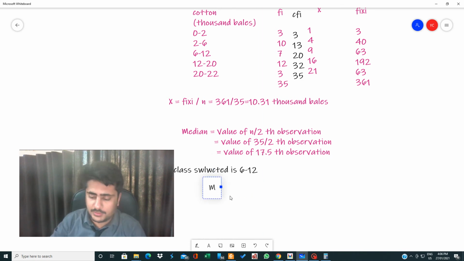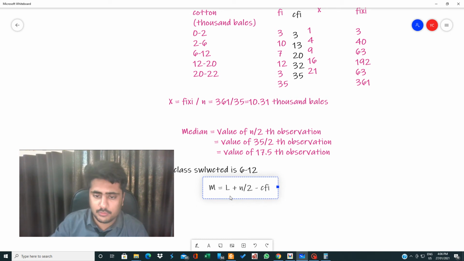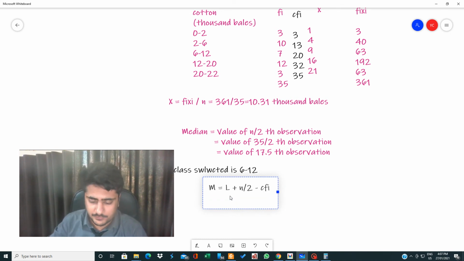Now my formula for median is L plus n by 2 minus CF upon f into c.